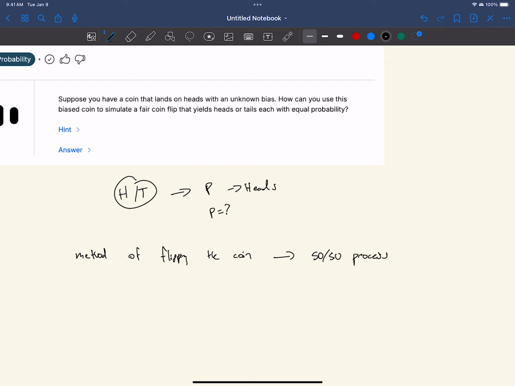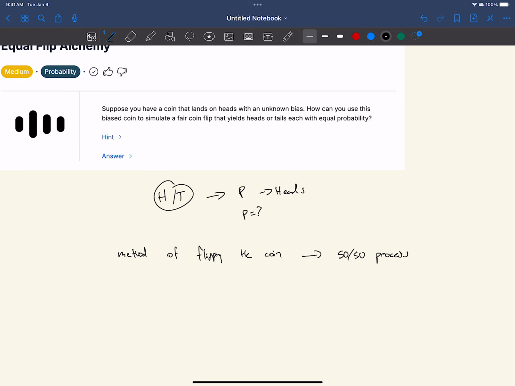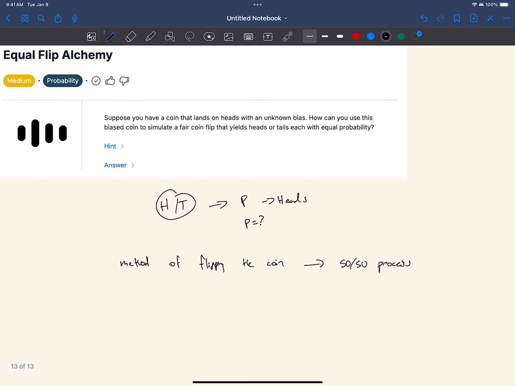So somehow we have to flip this coin to get a 50-50 process, to get a fair process. And so there must be some method of doing this. Otherwise, it wouldn't be asking the question.